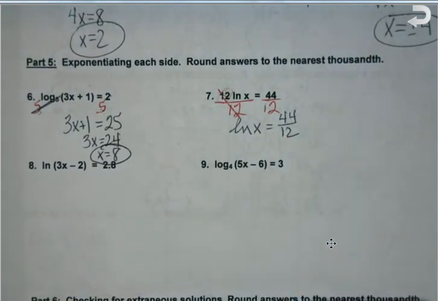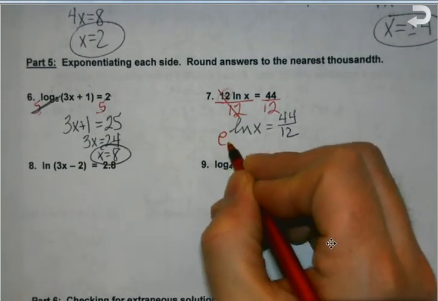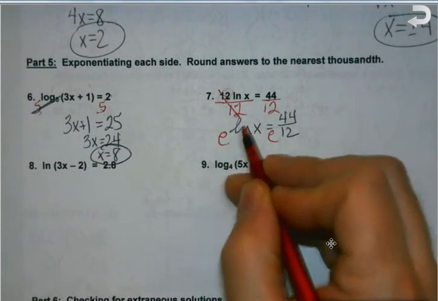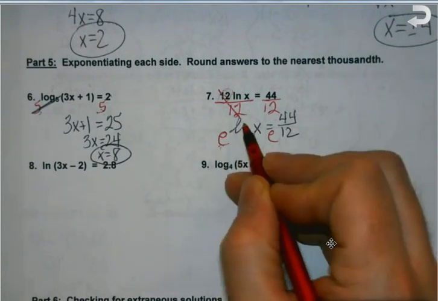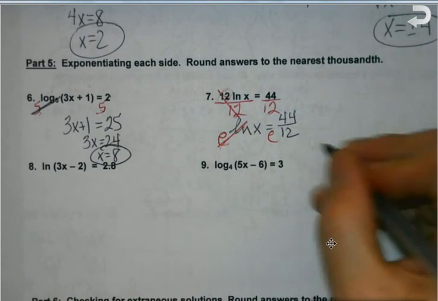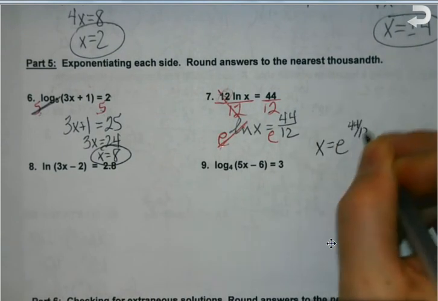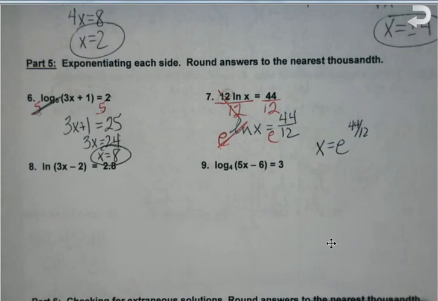But now that I've gotten that 12 out of the way, I've gotten my coefficient out of there, now I can attack the natural log. But just like before, this is becoming an exponent. So my x is whatever value e to the 44/12 takes on.